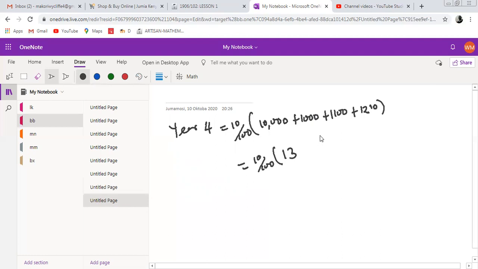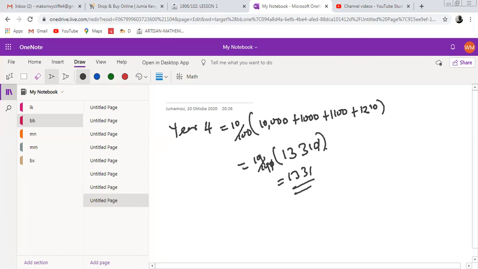Just a minute, this is 10,000, 11,000, 12,100. So this is going to be 13,310. So you will realize the interest for this year is going to be that one. So we go adding the interest for the previous year as we calculate the interest for the subsequent years. And this is what we call the compound interest.